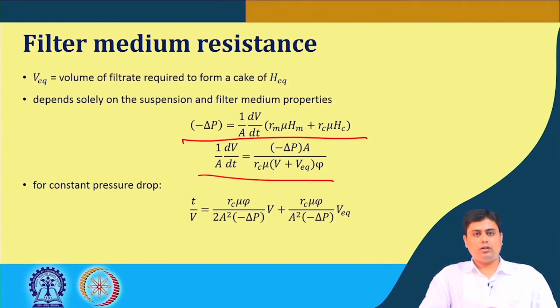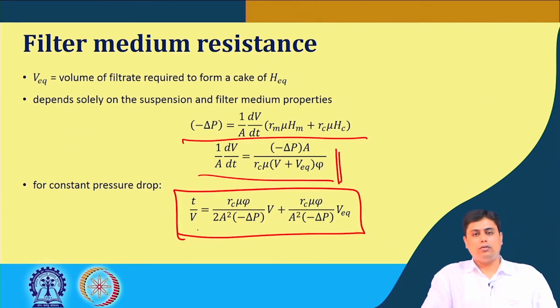Now for a constant pressure drop scenario, which is the most frequently occurring scenario, if we integrate this filtration rate expression, we can have a relation of the time required to have a certain volume of filtrate, which is V. This expression is related with the specific cake resistance Rc, fluid viscosity, filter cross sectional area A, and the pressure drop across the upstream surface of the cake and the downstream surface of the filter media.